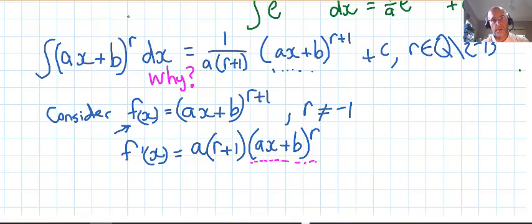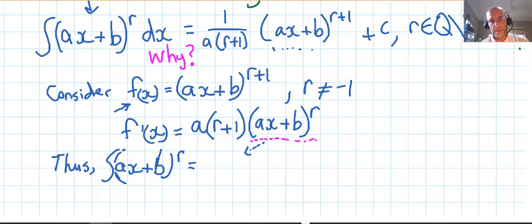So if we go back to the premise here, the integral of ax plus b to the r dx, we grab this here, and consider the antiderivative of this entire line, which of course should be that there, but we're only taking part of it.